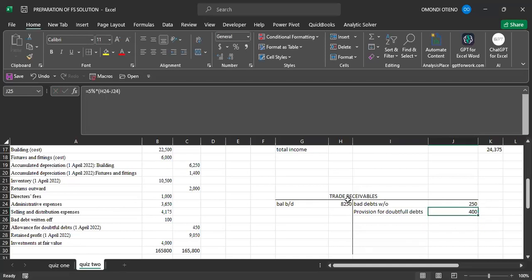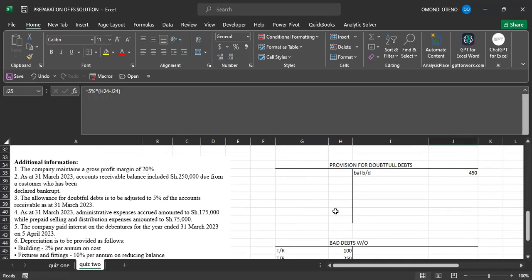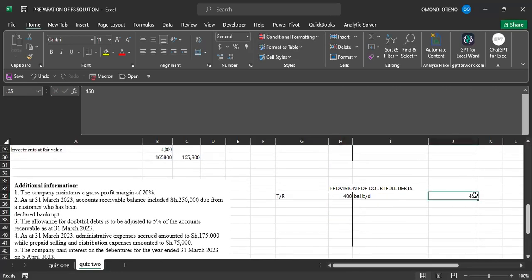I've credited trade receivables. I'm supposed to debit provision for doubtful debts. It is coming from trade receivables account. How much are we getting from that account? 400. We had 450. We are told we are supposed to adjust it to 400. Is it an increase or a decrease? It is a decrease.